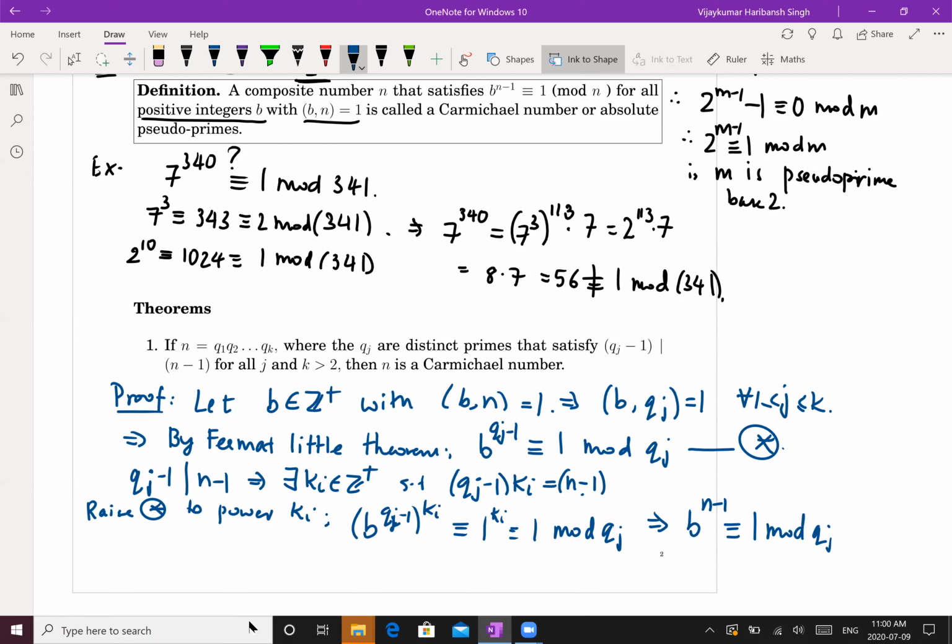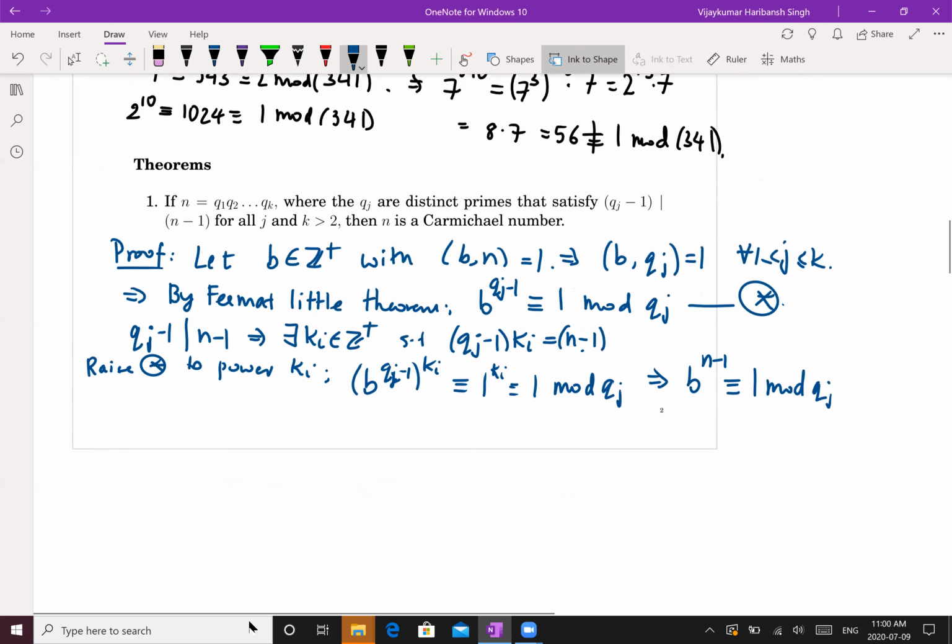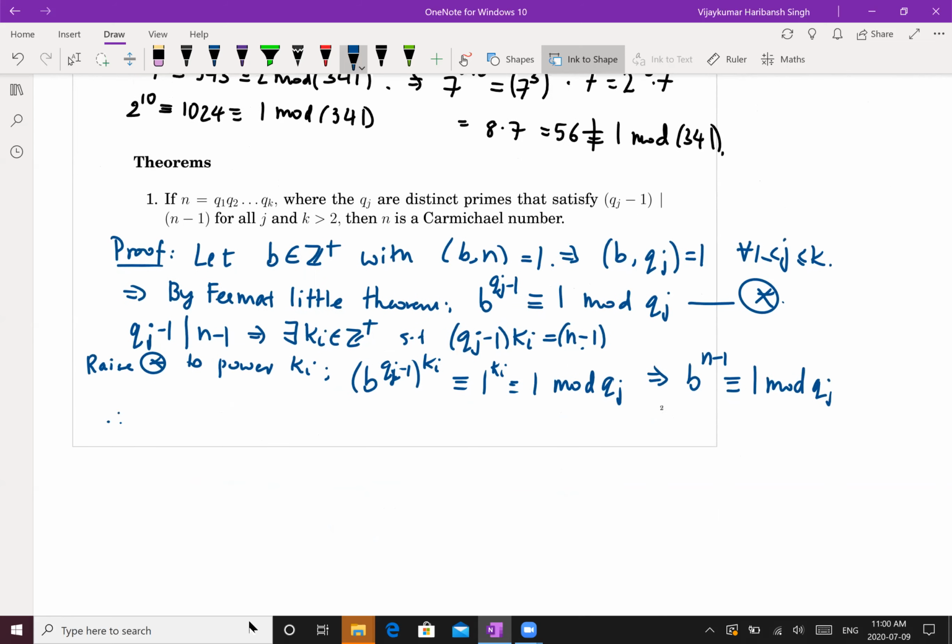Now, if you combine this for all qj, we get b to the power n minus 1 is congruent to 1 mod q1, q2, ..., qk, or b to the power n minus 1 is congruent to 1 mod n. So therefore, you get a Carmichael number when qj minus 1 divides n minus 1.